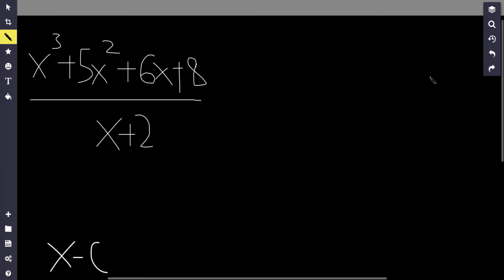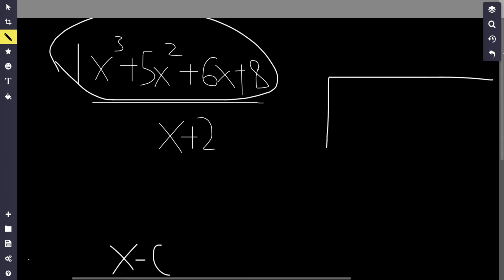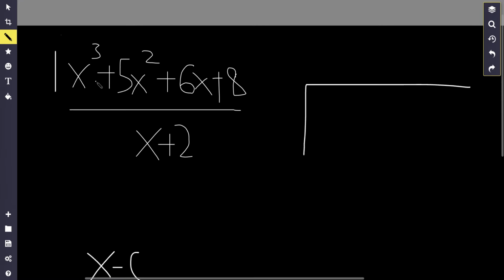So what you're going to do is look at all the coefficients of these terms. Looking at the numerator, you place all the coefficients inside this division box. My highest term is x to the third power, and its coefficient is 1.